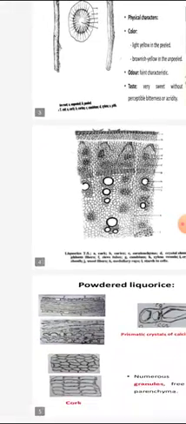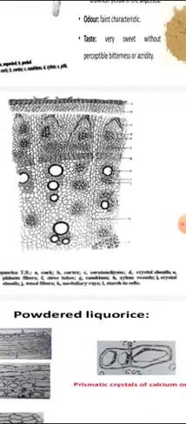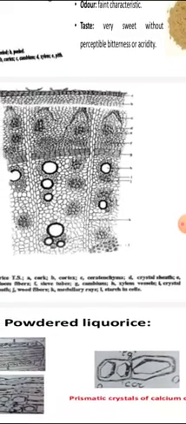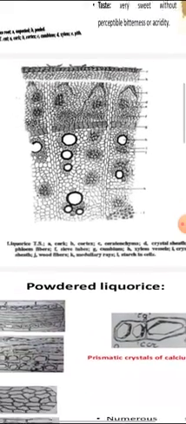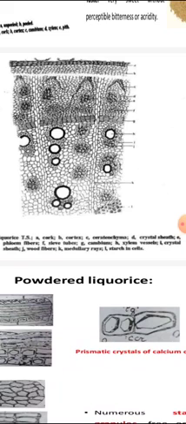Then microscopic characteristics, internal structure. So you see the parts are there. On the lower side the description is there. Outermost A cork, B cortex, then C sclerenchyma or parenchyma, which shows the crystal sheath.